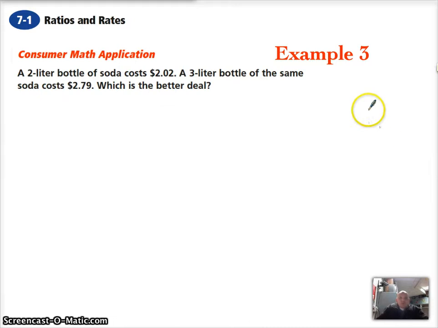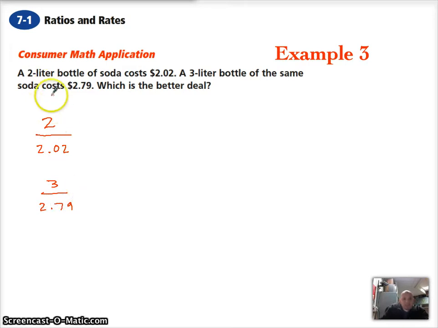Example 3, here's a 2-liter bottle of soda that costs $2.02. A 3-liter bottle of the same soda costs $2.79. Which is the better deal? Here we're going to have to compare the different ratios. First, we have a 2-liter bottle. That's $2.02. Then we have a 3-liter bottle that costs $2.79.